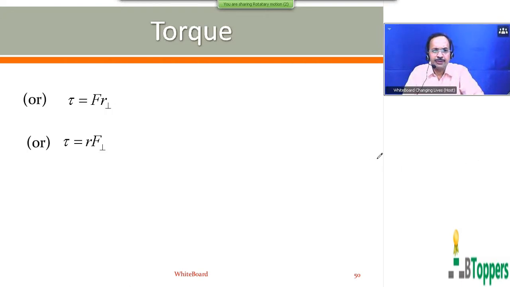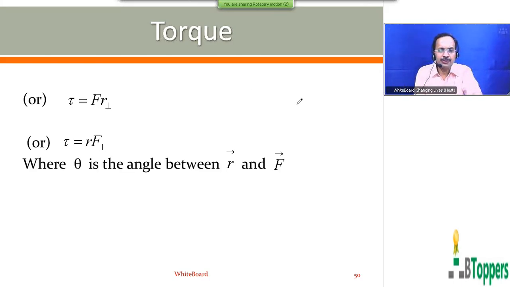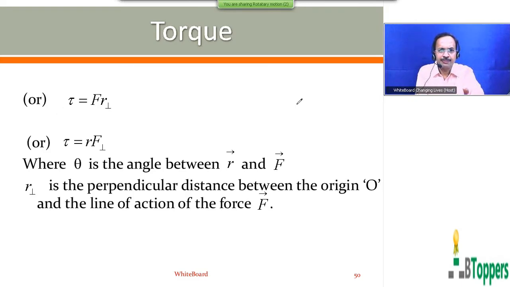Or you can write tau equal to F into r perpendicular, or tau equal to r into F perpendicular, where theta is the angle between r bar and F bar.